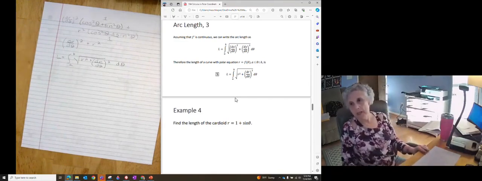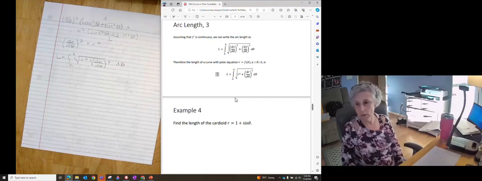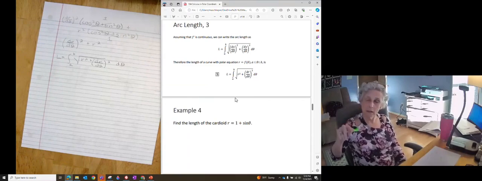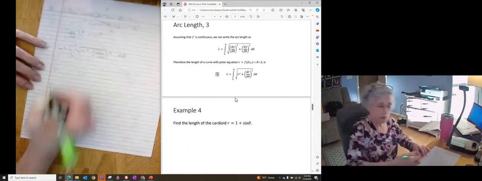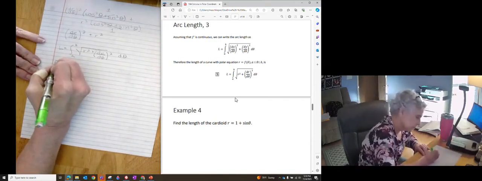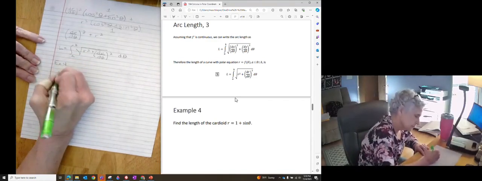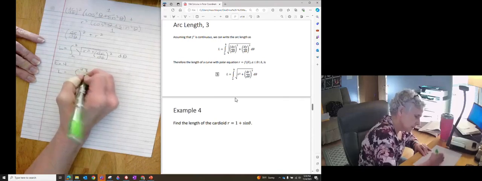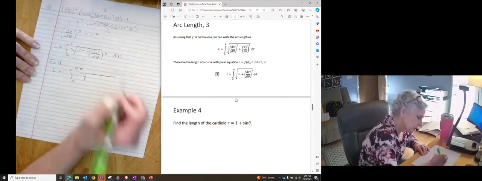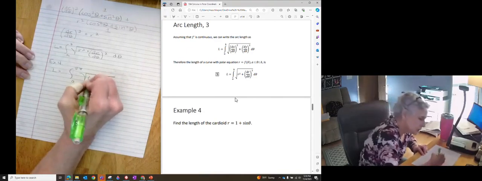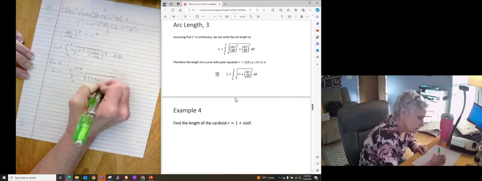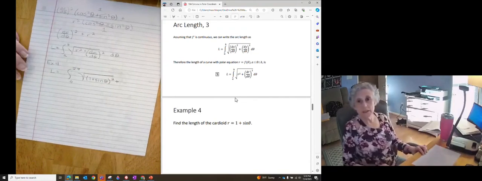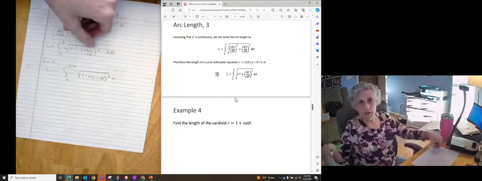squared. So we want to find the length of the cardioid. We need to know how long it takes us to draw that cardioid. Well, the period for a cardioid is 0 to 2π. So the integral from 0 to 2π of the square root of r squared, which would be (1 plus sine theta) squared, plus (dr/dθ) squared.